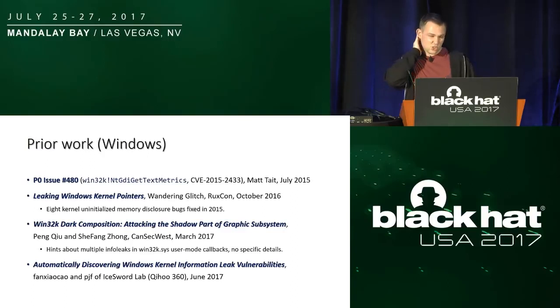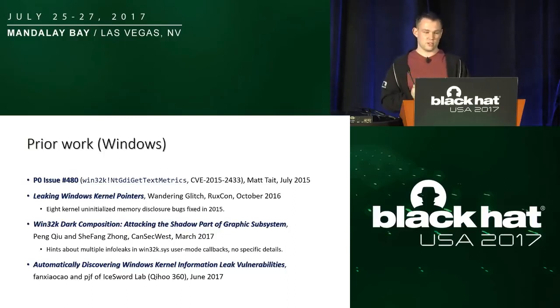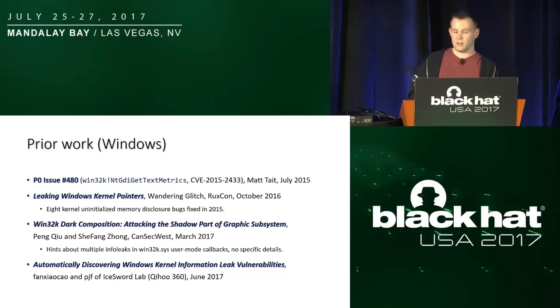Interestingly, there hasn't been too much work within that space on Windows. To the best of my knowledge, people started to take interest in this kind of issue something like 2 years ago. We have this one issue in the Project Zero tracker discovered by Mateusz Jurczyk. Then we have a presentation given by Wandering Glitch last year about several uninitialized memory disclosure bugs fixed in 2015.